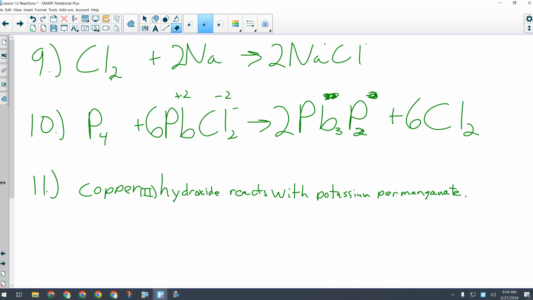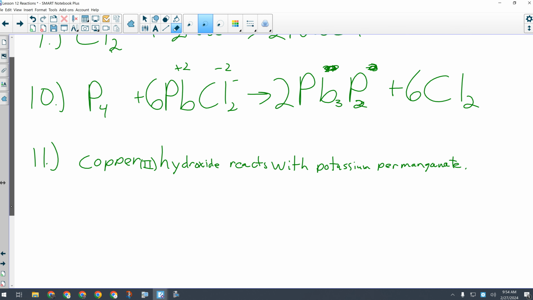Okay, now, just in walking around, I put a little trick in number 11, and I got people with it. I can see a few people who missed something in number 11. Copper 2 hydroxide. What does the Roman numeral tell me about copper? Its charge, 2+.